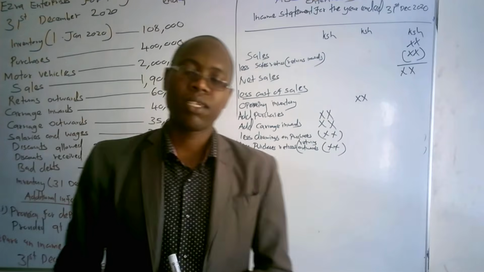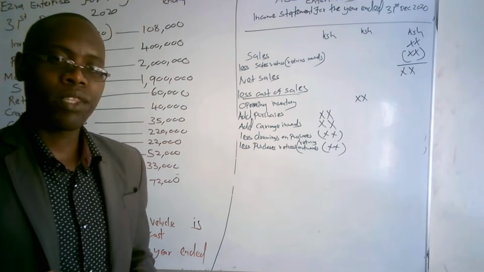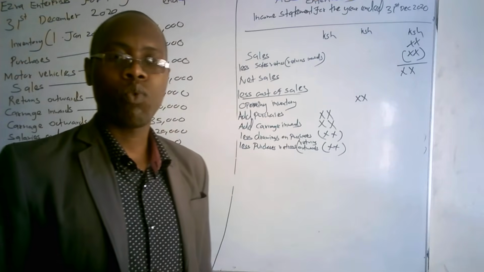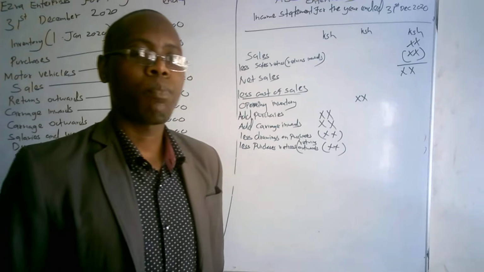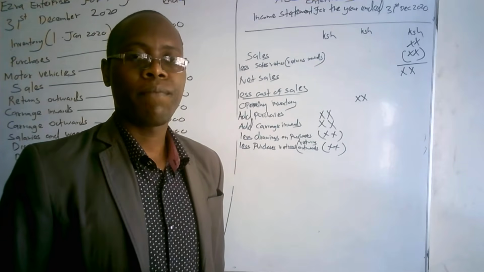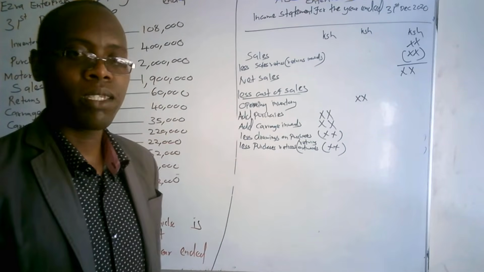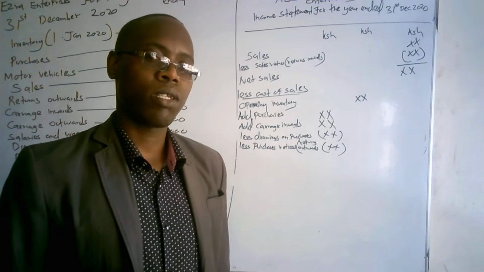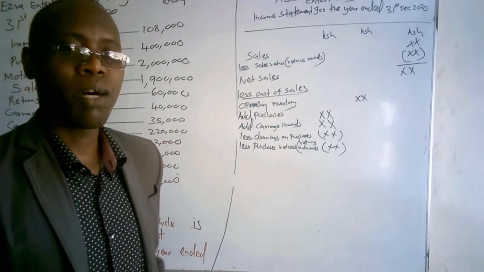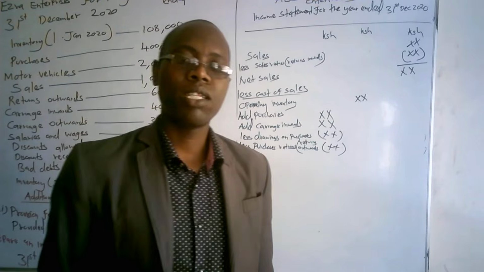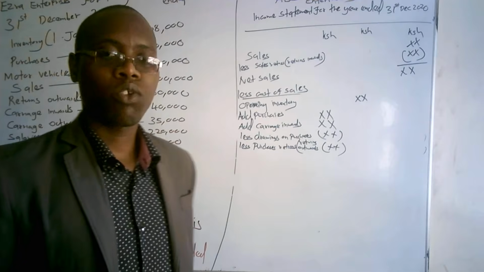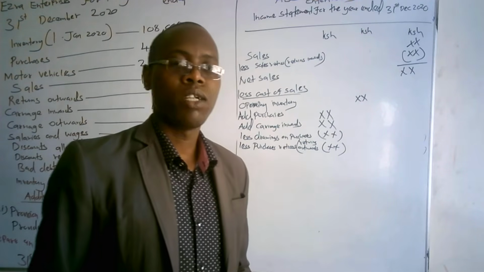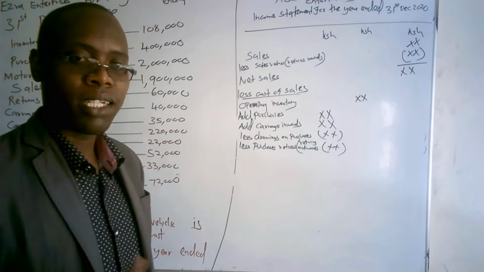The purchases returns are those particular commodities where you went to your supplier, you purchased the goods, and you discovered that some of the goods were not of the right quality or the right quantity, or some had also expired. So you decided to return them to your supplier. So that's what we call the purchases returns, or the returns outwards.